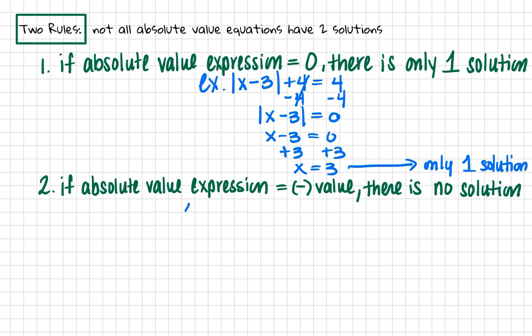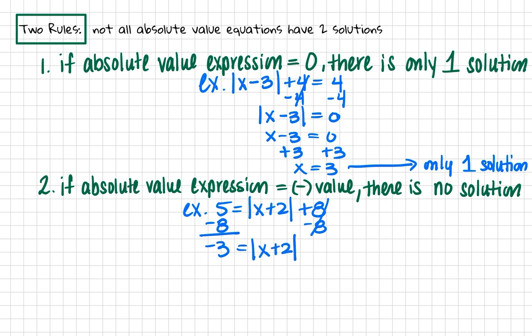And then the second example, for the second case where you're going to have no solution, I have 5 is equal to absolute value of x plus 2 plus 8. I want to isolate this bracket part of x plus 2, so I'm going to subtract 8. Therefore, I have to subtract 8 on the other side. I'm going to get negative 3 is equal to the absolute value of x plus 2.